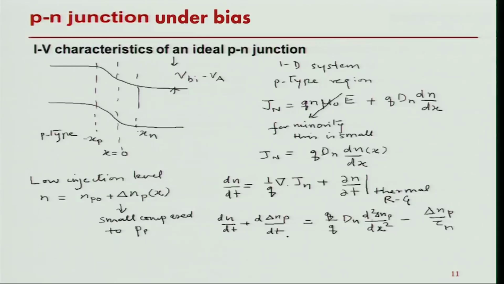Now, once again, since the overall situation is the steady state solution that I am looking for, this anyway is not changing with time, this is the equilibrium concentration of the electrons, and we are looking at a steady state solution. So, my continuity equation will become simply a second order differential equation in the excess electron concentration.